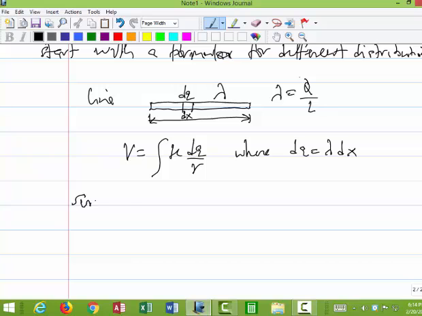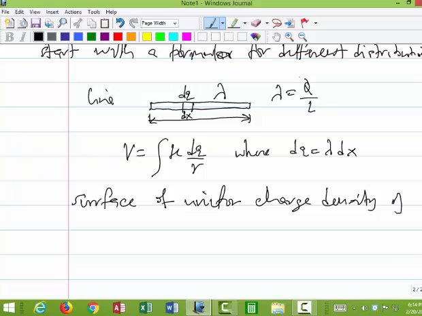For a surface, we can do the same thing. We have a surface of uniform charge density eta. We shall say eta is equal to Q over A for the surface. If we take an arbitrary surface and take a certain element dA on that surface, it will have a charge dq.